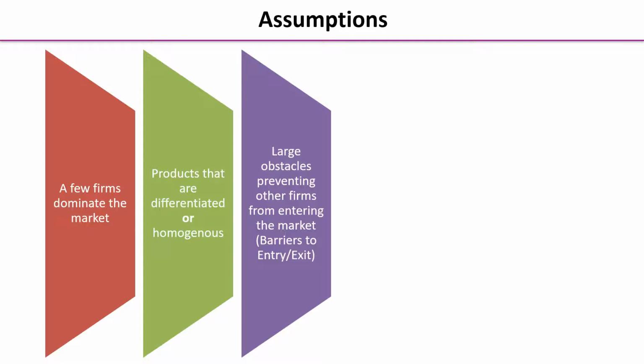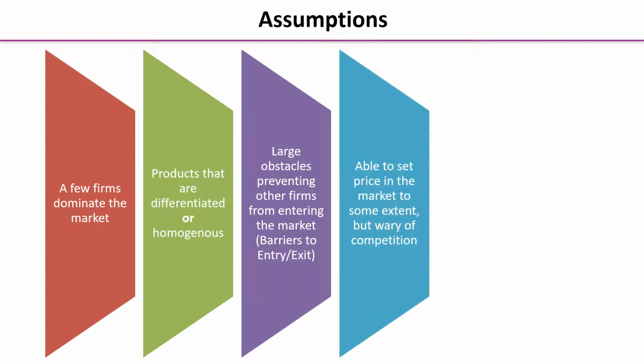There tend to be large obstacles or barriers to entry preventing other firms from entering the market. And the businesses that are already there are able to set the price to some extent, but they have to be very wary of their competition. So they'll have to consider how the competition will respond if they change their price.